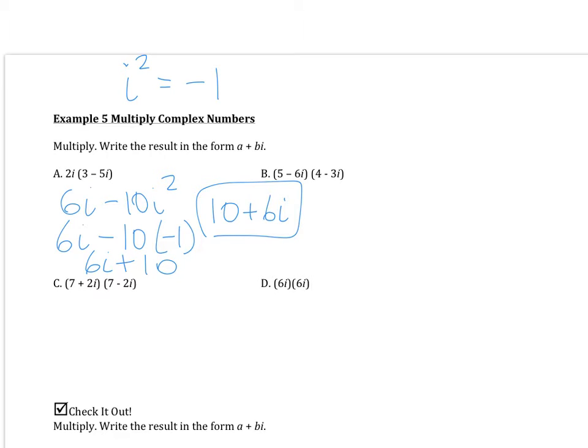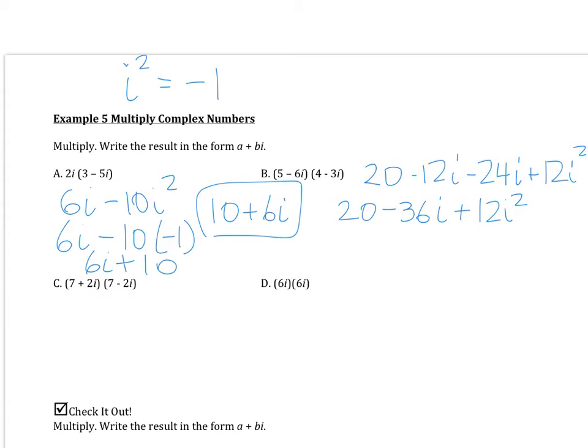The second one, use FOIL. So the firsts, outers, inners, lasts. Combine our like terms. i squared is -1.